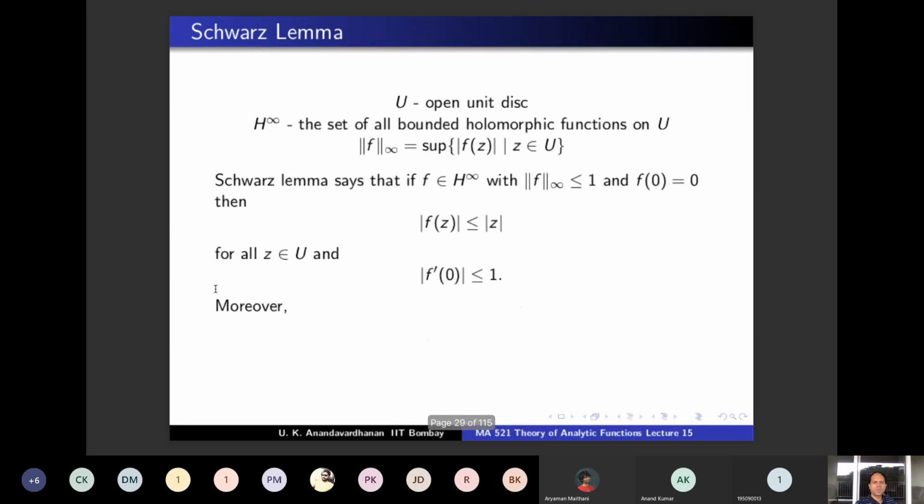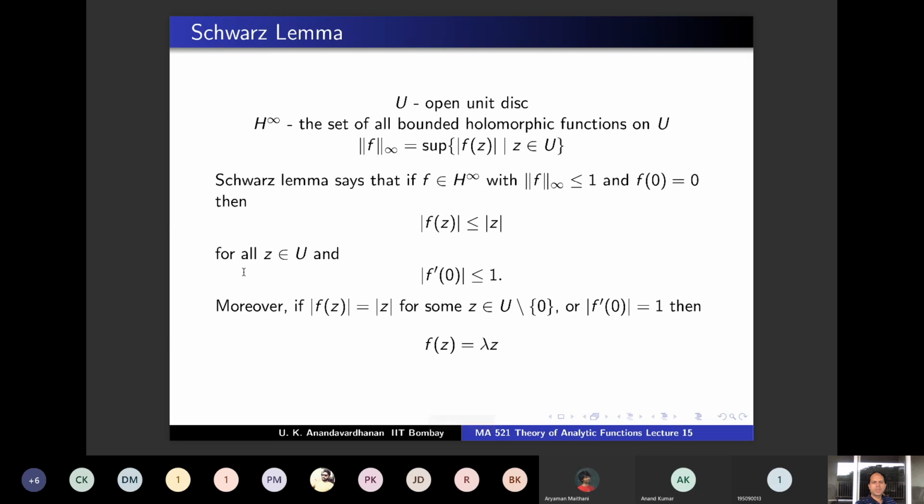If mod f(z) is mod z, or if mod f'(0) is 1, then g is attaining a maximum inside, therefore g is a constant. So f(z) by z is a constant, therefore f(z) is lambda z. Mod lambda is 1 is automatic.